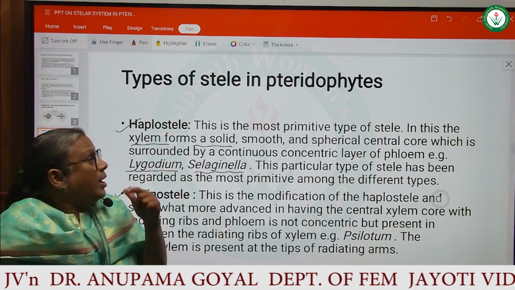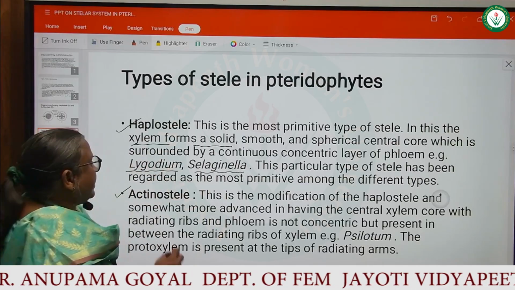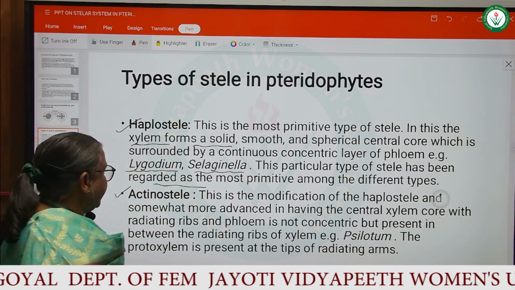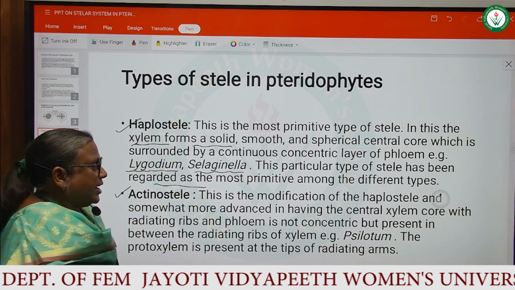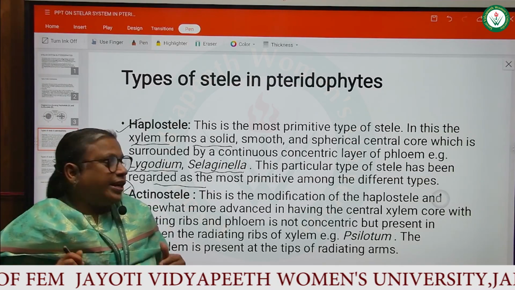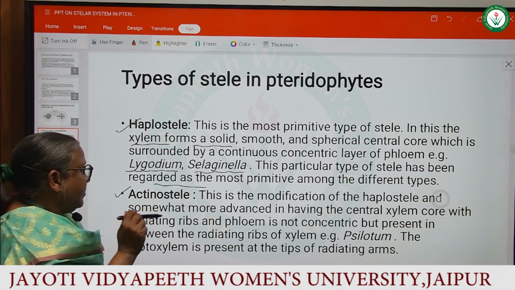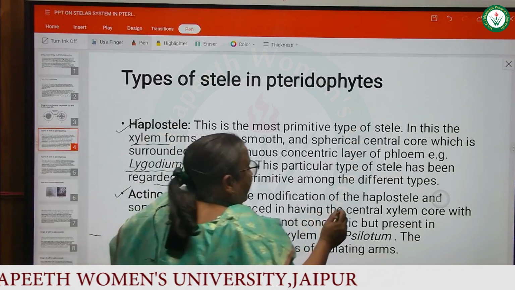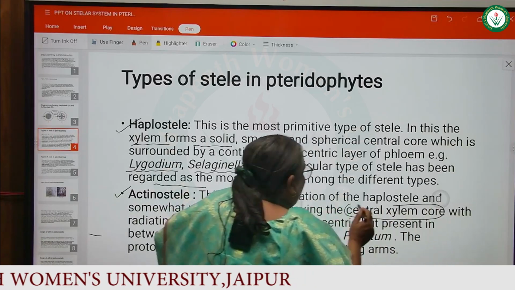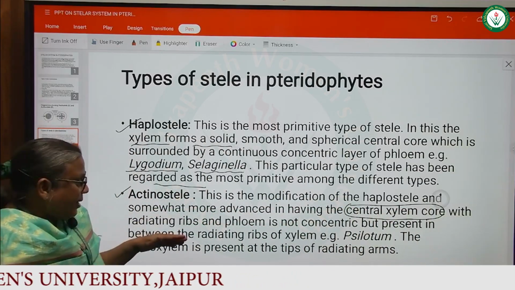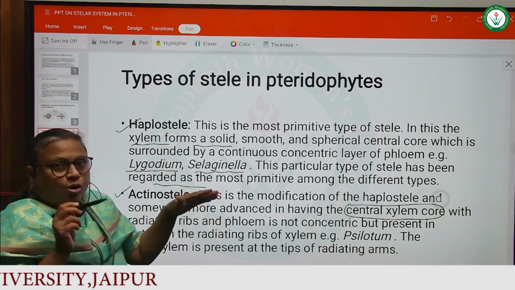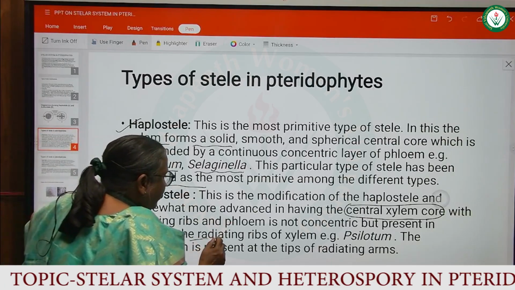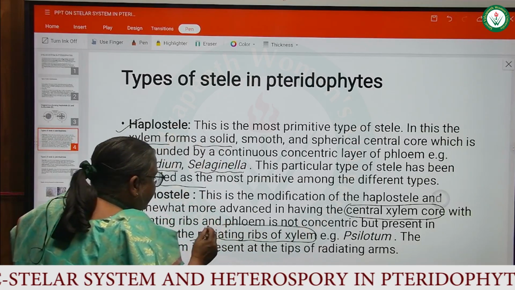This haplostele has been regarded as the most primitive among the different types. Now, what is actinostele? This is a modification of the haplostele and it is somewhat more advanced in having the central xylem core with radiating ribs, and the phloem is not concentric but is present in between the radiating ribs of the xylem.